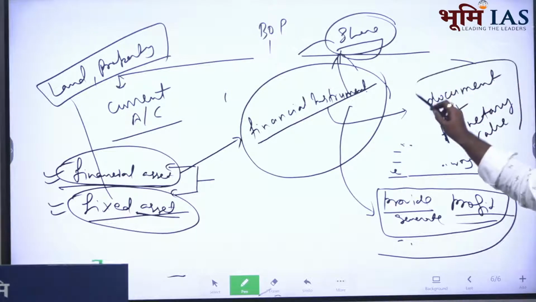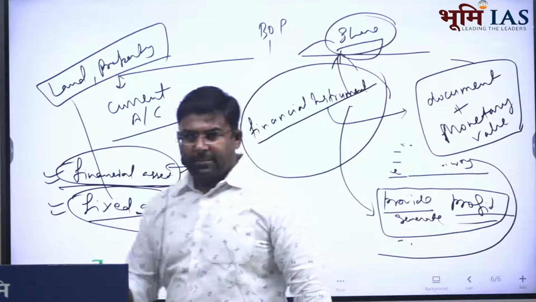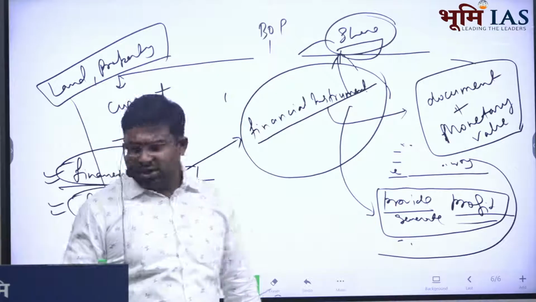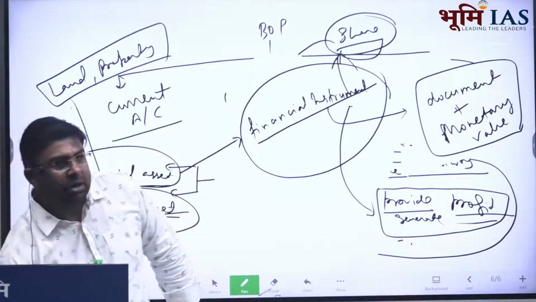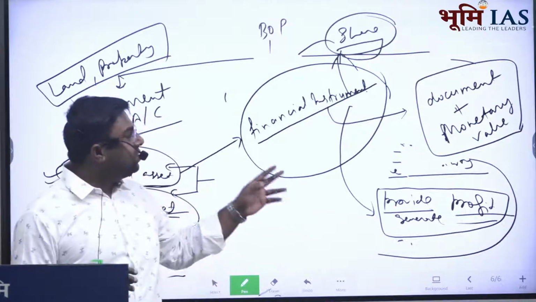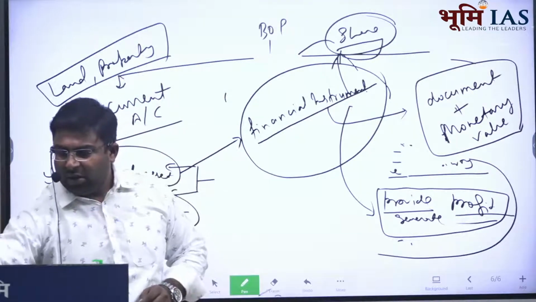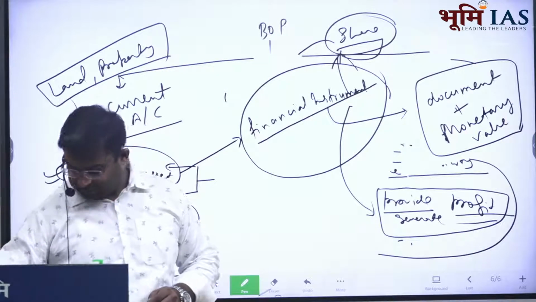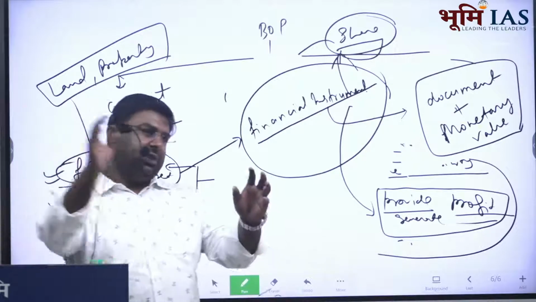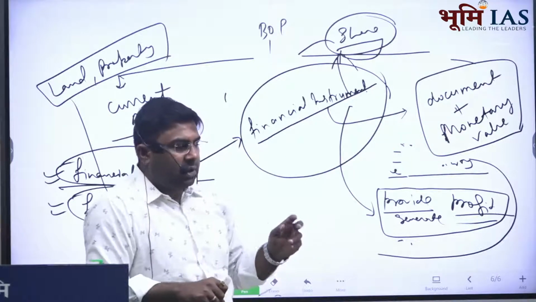Any specific document which has its monetary value. And it is legally acceptable, but that is not a very prime criterion. I will elaborate on this dimension. So for example, document is a very vague word. Please write down quickly.